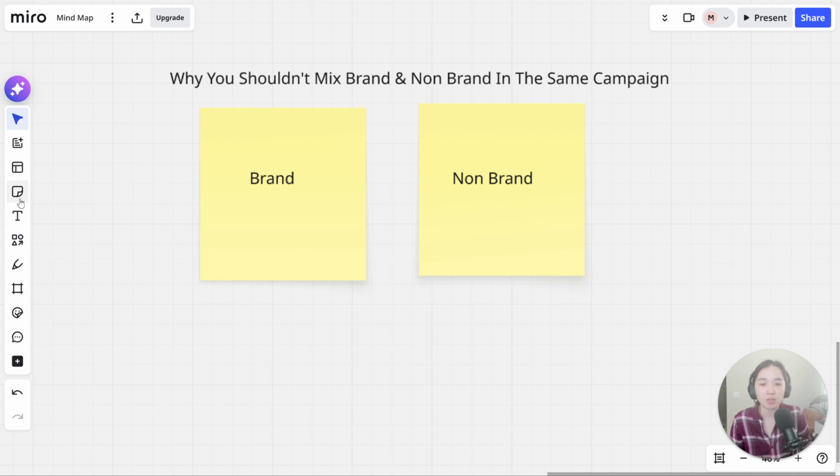A lot of different campaigns that I see and audit will have brand and non-brand separated, but when I dig deeper, I do see brand accidentally appearing underneath. So you definitely don't want to be one of those advertisers where this is happening.